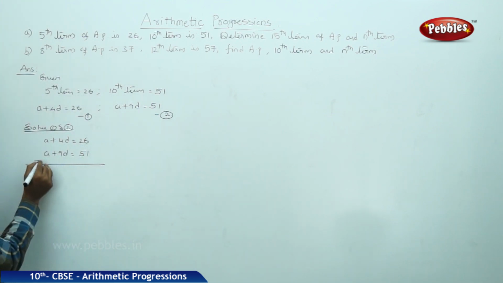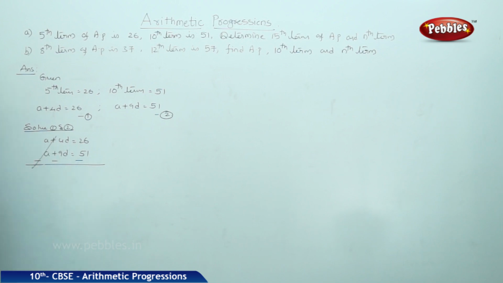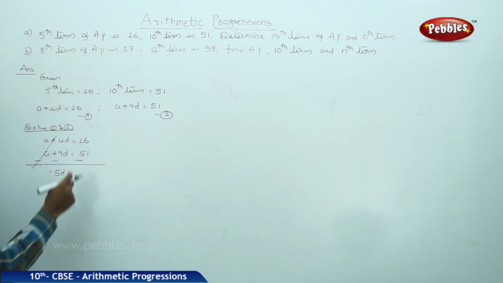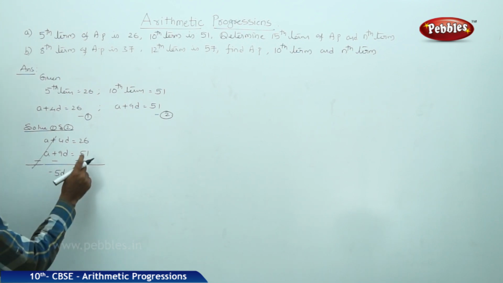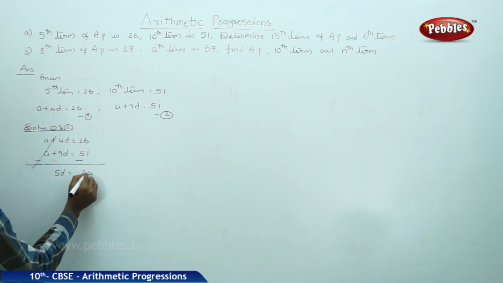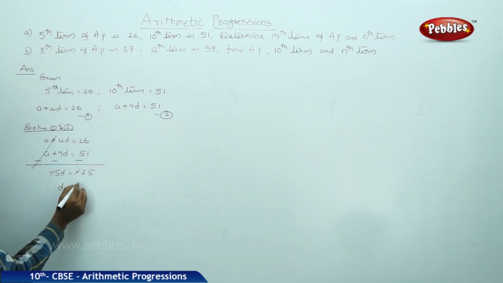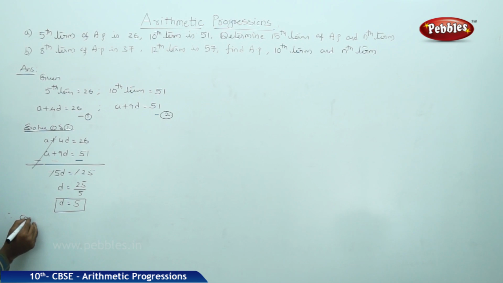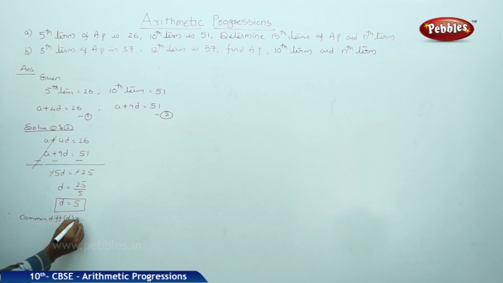Now subtraction process: a minus a gets cancelled, 4d minus 9d is minus 5d, equal to 26 minus 51, that is minus 25. Minus minus gets cancelled, d is equal to 25 by 5, d is equal to 5. Therefore, d, the common difference, is equal to 5.